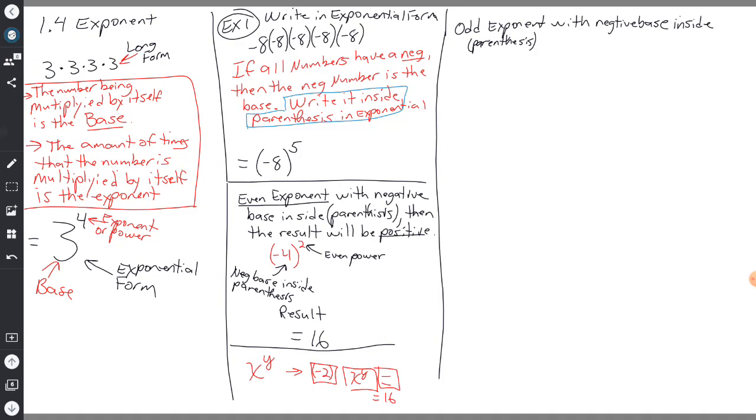When we have an odd exponent with the negative base inside of parentheses, then you're going to have a negative result.